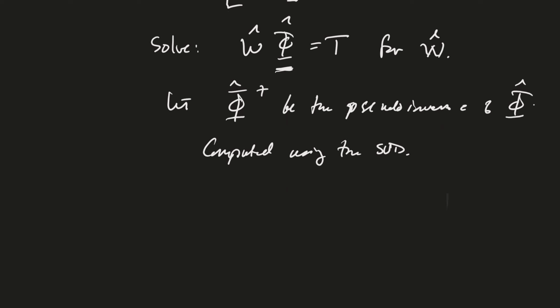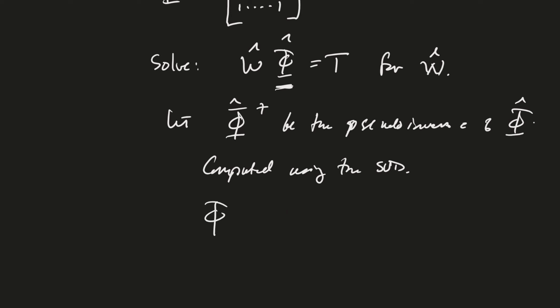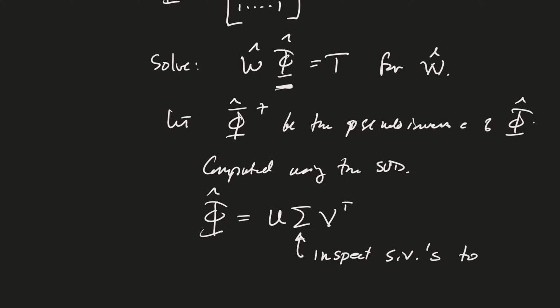And the reason this is nice is because if you take Phi hat and break it apart into its components, you can inspect the singular values to see how close to 0 your singular values get.